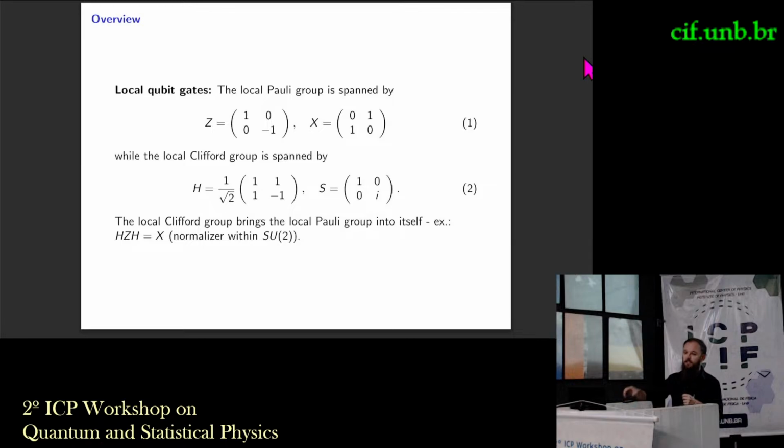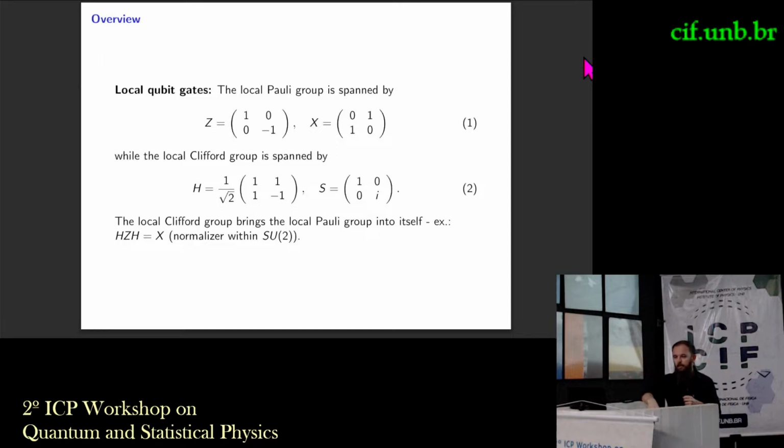So let's start reviewing some stuff. I will talk quickly, I don't have so much time. The local Pauli group is spanned by these Z and X matrices, Pauli matrices. I'm talking qubits now. And the local Clifford group, in its turn, is spanned by this H matrix, the Hadamard matrix, which generates superpositions, for example, and this S matrix.